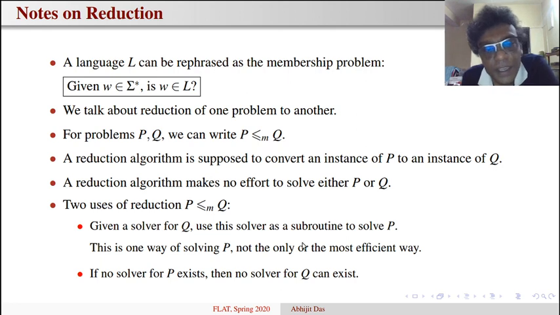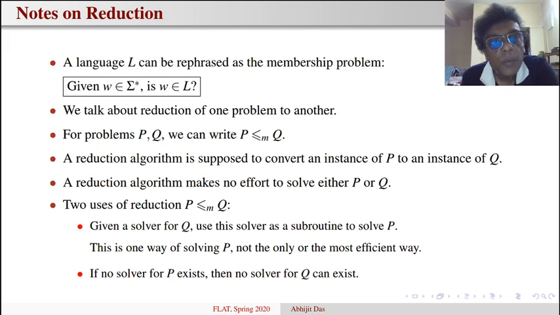And second thing, this says that if Q is solvable, then P is also solvable. Solvable you may take in this context as decidable, and the contraposition of this implies that if P is not solvable, then Q is also not solvable. Or in terms of decidability, if P is undecidable, Q is also undecidable. And that happens only when you take a reduction from P to Q.